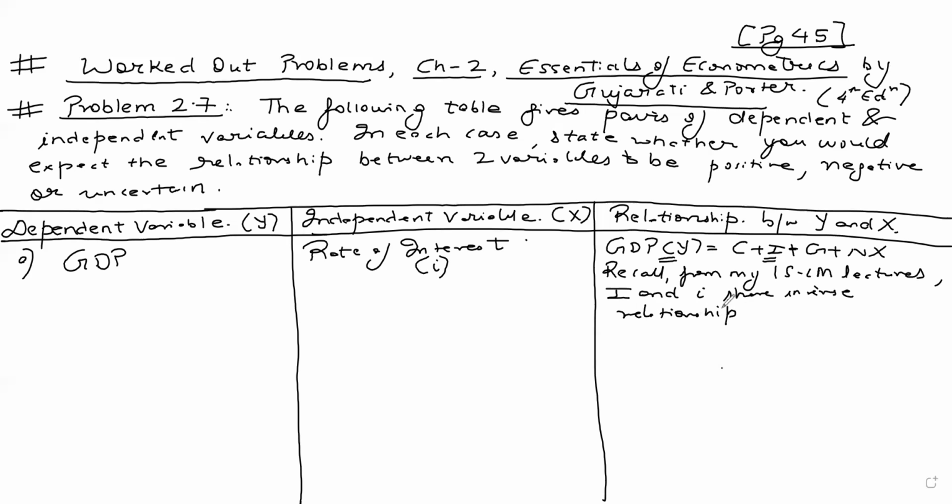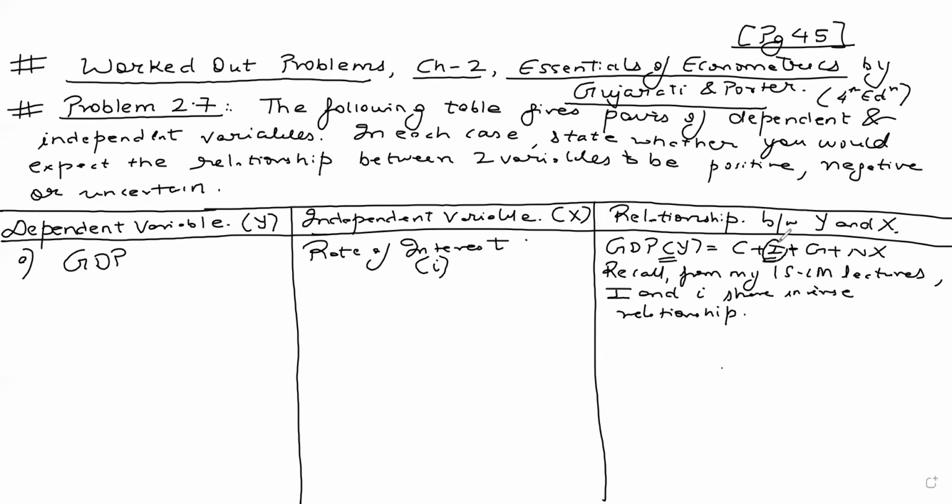Because all of us know that when the interest rate goes up, firms are going to reduce the investment. If firms go to the banks for funding in order to make investments, when banks increase the interest rates, the cost of borrowing from the bank goes up. As a result, firms are going to reduce their investment. So we can say that capital I and small i share an inverse relationship.